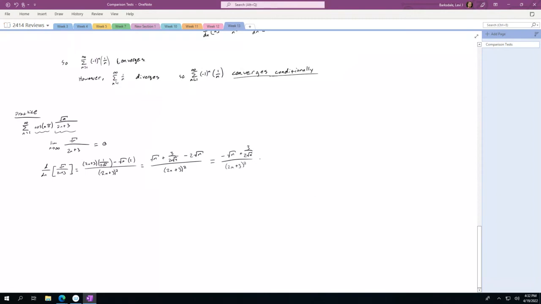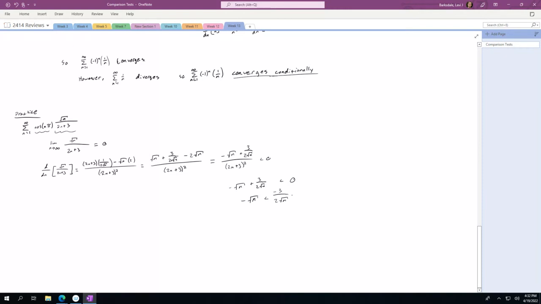And my claim is that this is smaller than 0. And we can see that because the denominator is always positive, so we just need to show that the numerator is smaller than 0. And we can see this because square root of n is actually considerably larger than 3 over 2 root n. So if we just subtract it over, we get negative square root n is smaller than negative 3 over 2 root n.